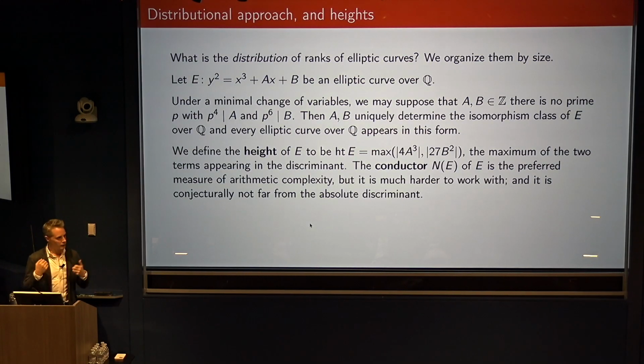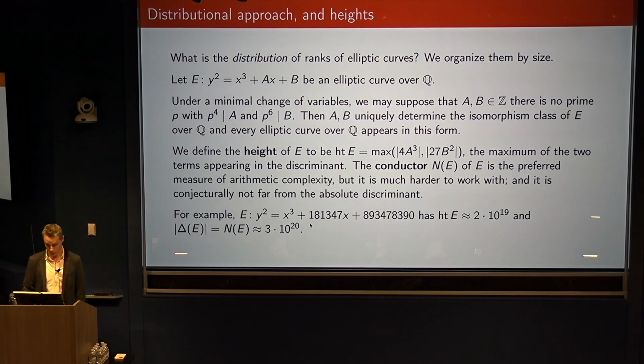As far as this experimentalist mindset that we have, the conductor is pretty close to the discriminant most of the time, and the discriminant is pretty close to the height. And we would like to believe that that isn't the most important thing when we're trying to understand ranks and their distribution. So although I would like to have theorems or do experiments with conductors, I hope it's OK to use this more naive notion of size, at least for us to get our bearings. That's the approach.